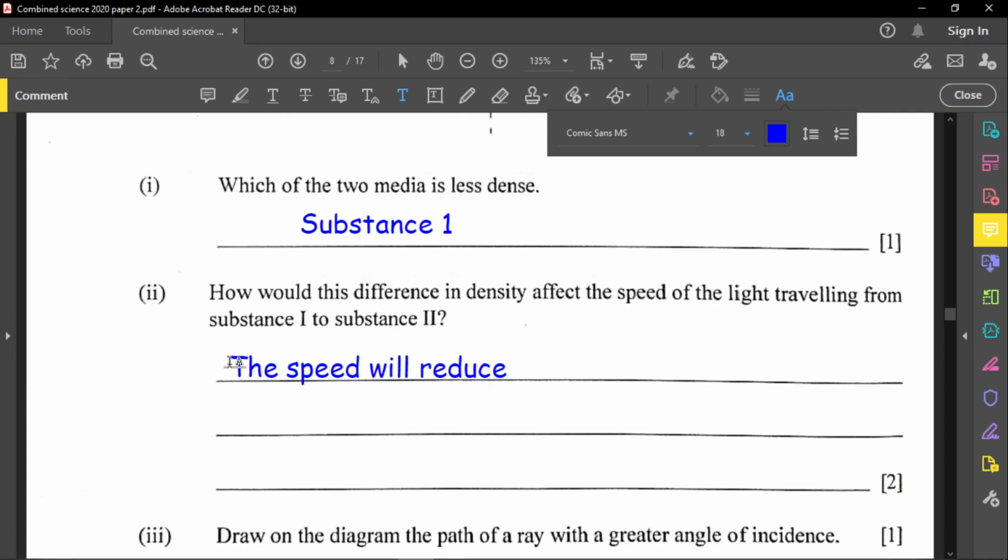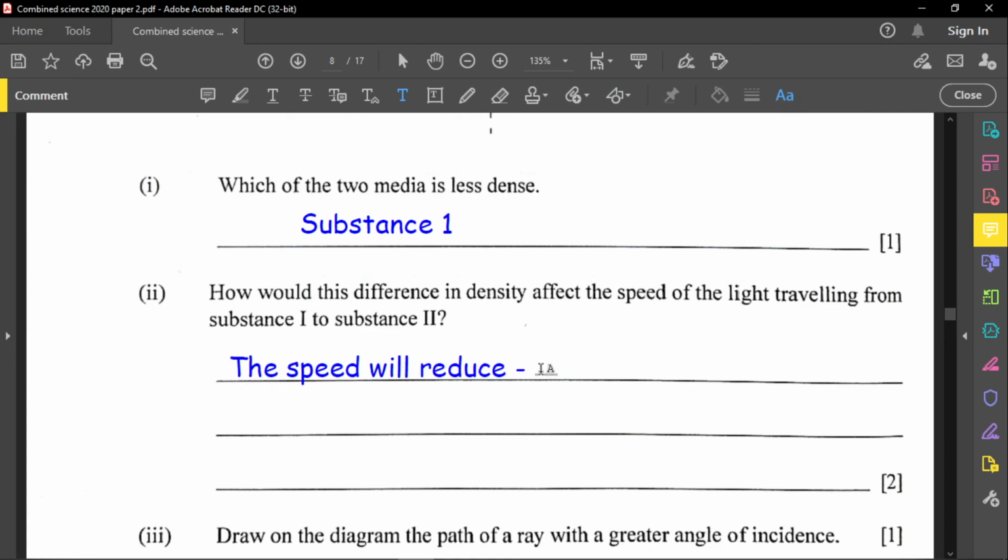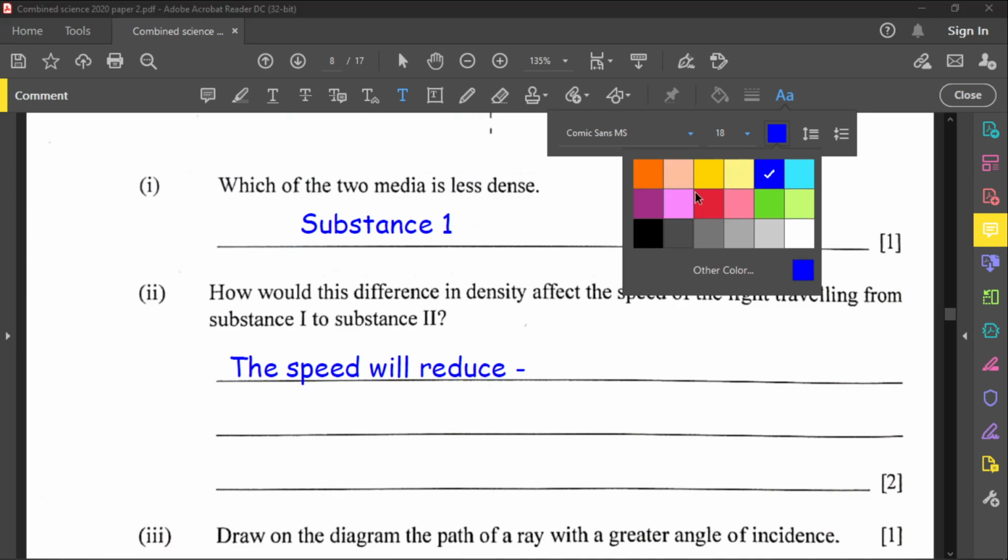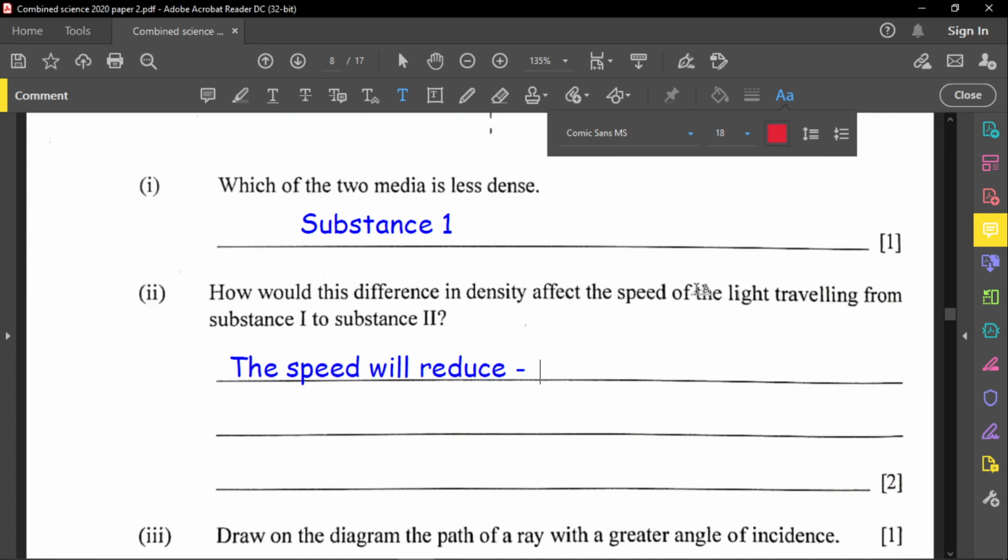There's a reason behind this as well, so I'm going to give you the reason behind all of this. Let's put this in red. This is because in the optically more dense object, which is substance 2, there are more particles, because that's what density is, especially for the same volume.